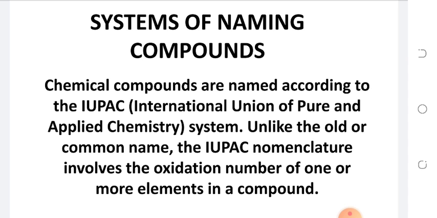The system of naming compounds according to the IUPAC system involves the oxidation number of one or more elements in a compound. That's what the IUPAC system makes use of.